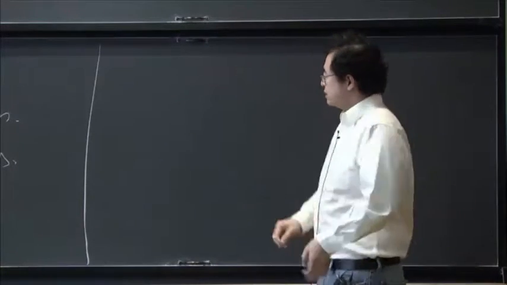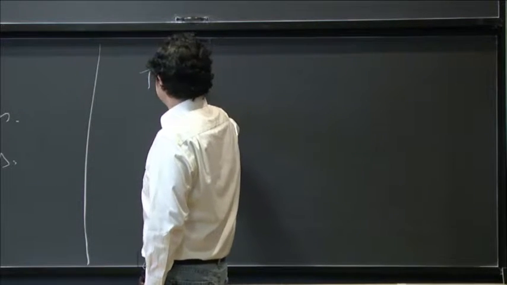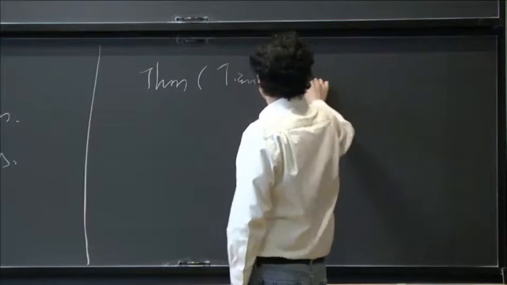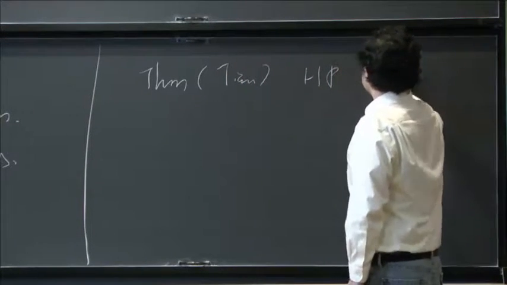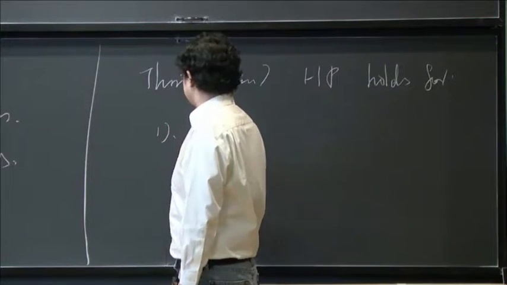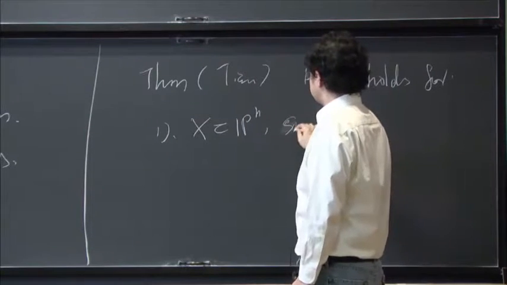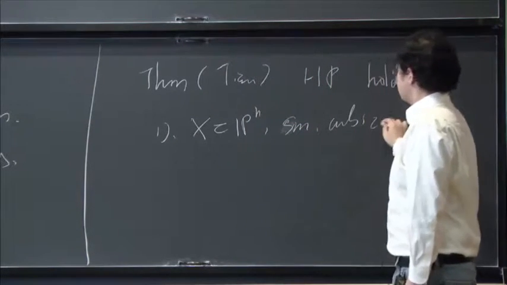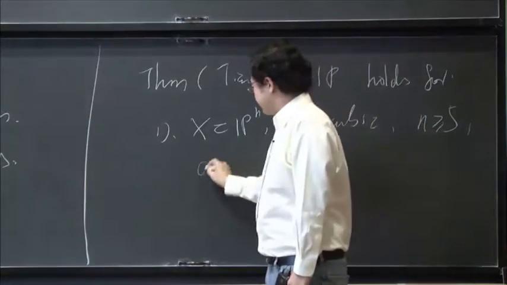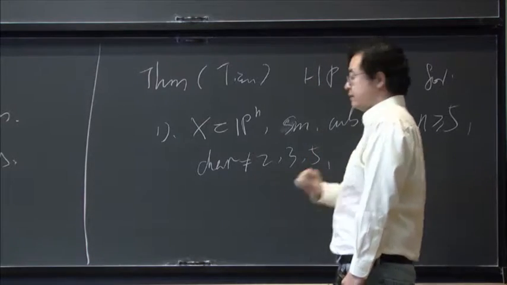So basically, what I can prove is that the Hasse principle holds for X inside of Pn, a smooth cubic, and n is at least 5, and I have to assume that the characteristic is not 2, 3, or 5.